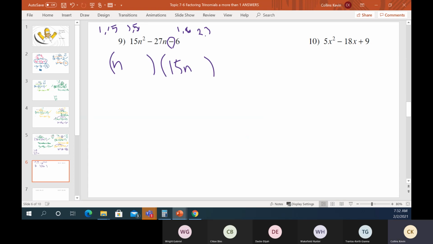So your clue to this, again, is always this middle guy, right? He's minus 27. That's pretty big considering the other number is 6, right? So I'm thinking maybe the negative should be over here, because remember, this is going to be a negative number, and it's going to get multiplied by 15. Okay?